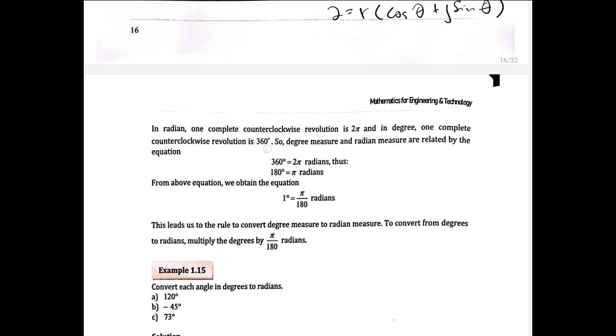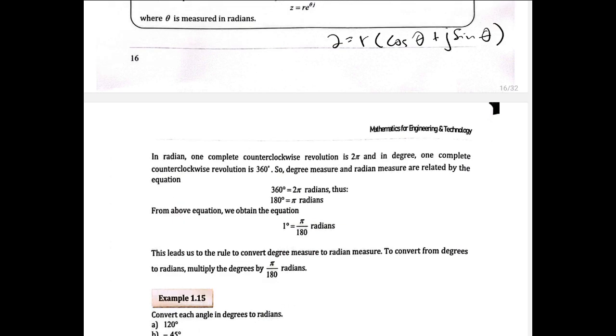So we can say that 360 is equal to 2 pi radians. If we simplify it, 180 is equal to pi radians. From this, 1 degree is equal to pi over 180. So to convert degrees to radians, multiply the degree by pi over 180.